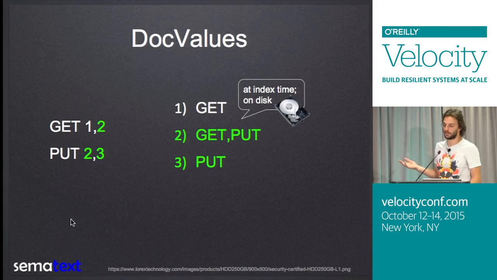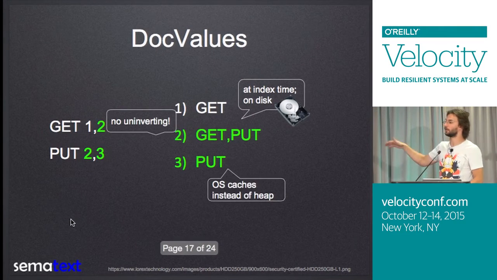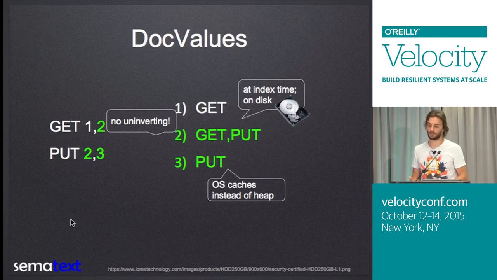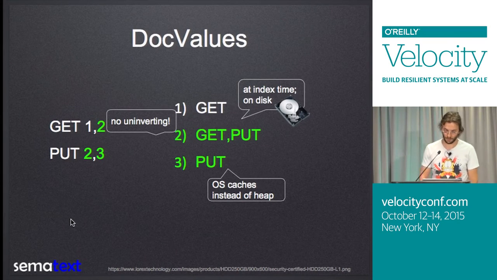That means you don't bother your heap with that. You don't have to do any uninverting for your first query. And then the operating system can be smart and just pull out bits of your index as it needs them and keep them in the operating system caches. So this is much more efficient than field data for pretty much all use cases, certainly for logs.